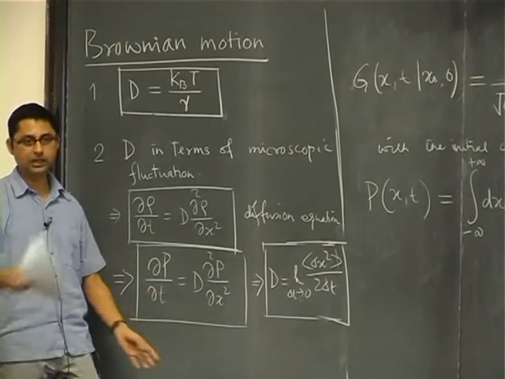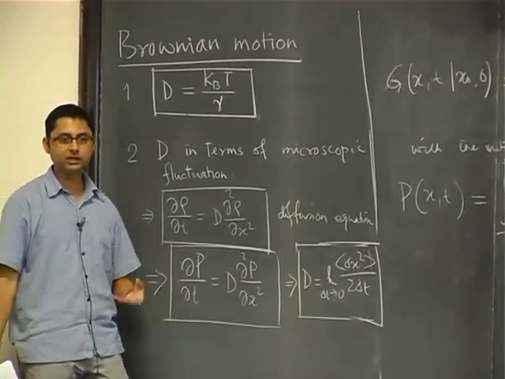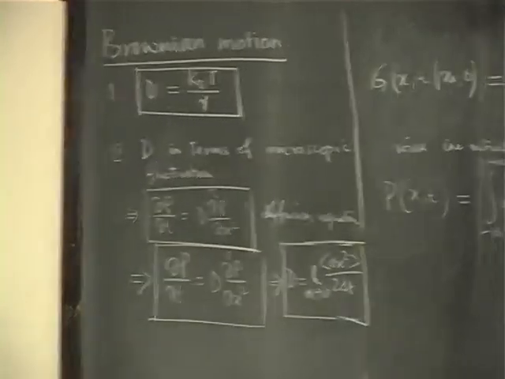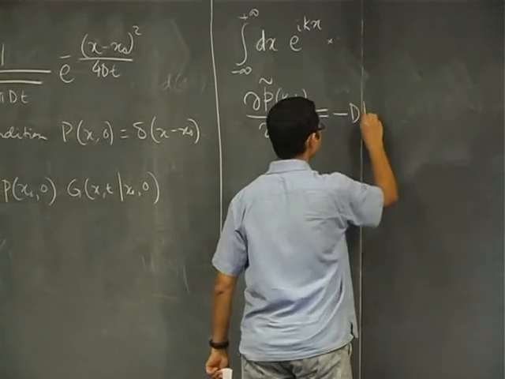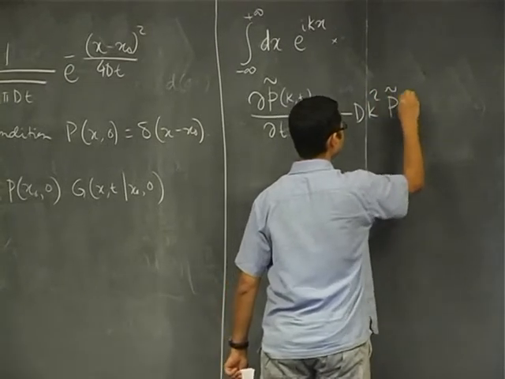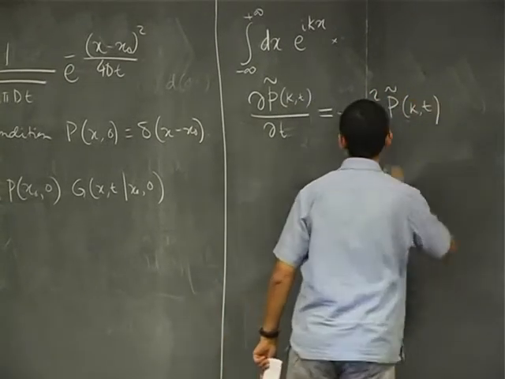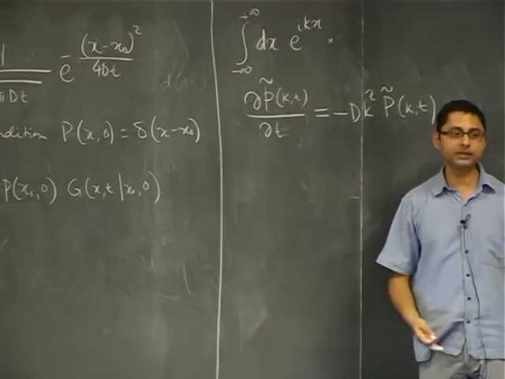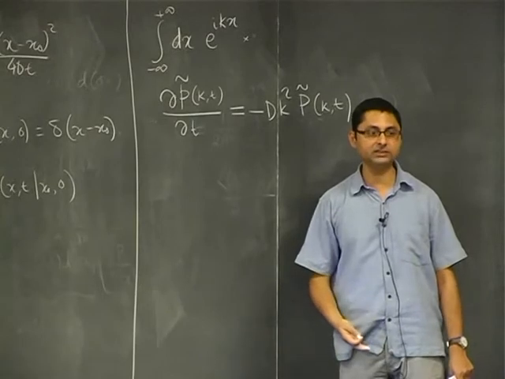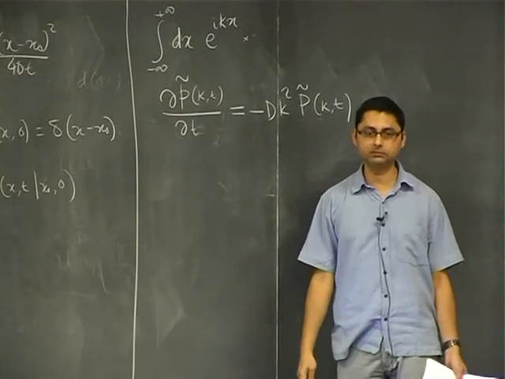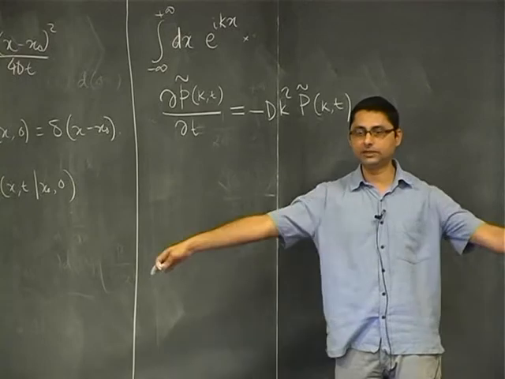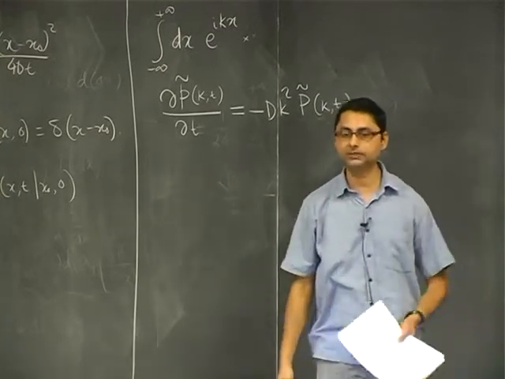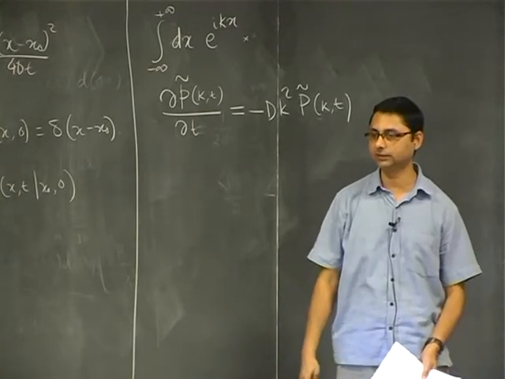So I cannot interchange the order, but what I can do is integrate by parts, right. You integrate by parts 2 times, and what you get is minus k square D p tilde of k, t. You assume that both the probability and its derivative vanish as x goes to plus infinity and minus infinity. Probability must vanish because it's normalized, right. And the derivative is basically a current, so it also vanishes at plus and minus infinity.